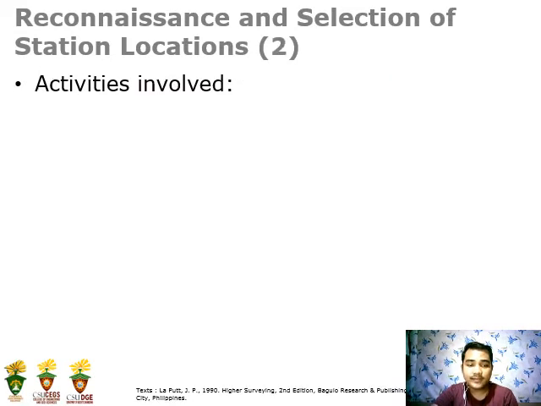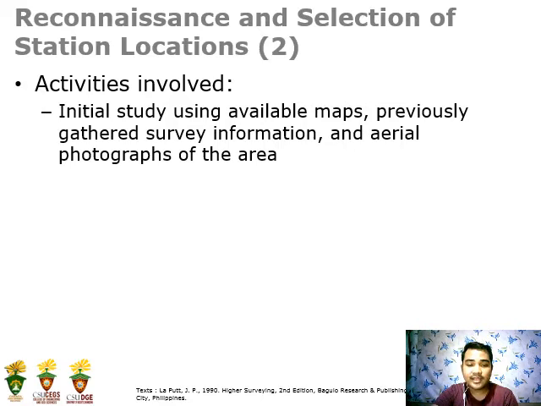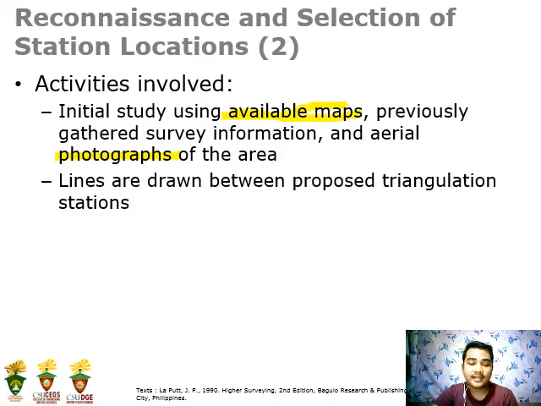The activities involved in reconnaissance and selection of station location are, first, initial study using the available maps. Before we go to the field, we do research: what available maps, previously gathered survey information, aerial photographs, and so on. Next are the lines.